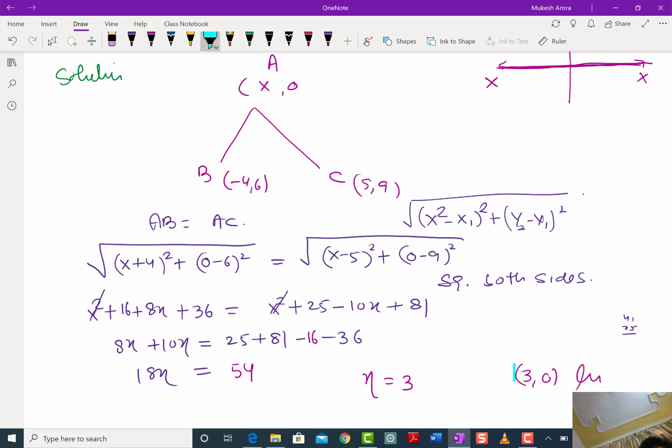That will be the answer, because we are finding the coordinate. We are not finding just x, right?